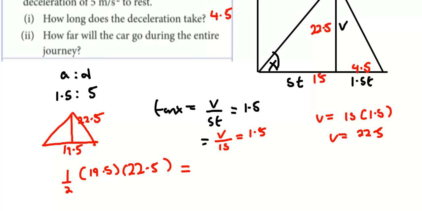Anybody? 219.37. Yeah, that'll do me. That was pretty quick, wasn't it? Velocity time diagram made mincemeat out of it. Okay, very quick. You can try that later on using UVAST if you want. You'll get the same answer, but you'll just find it takes longer. Okay. All right, let's move on.